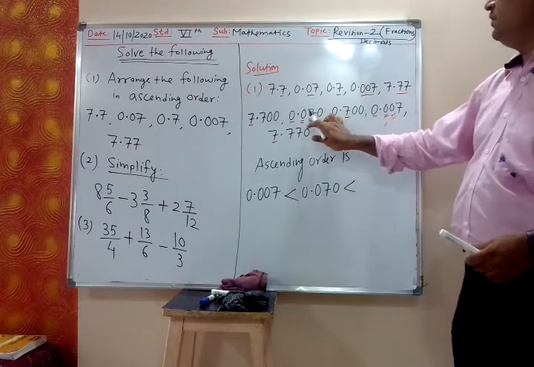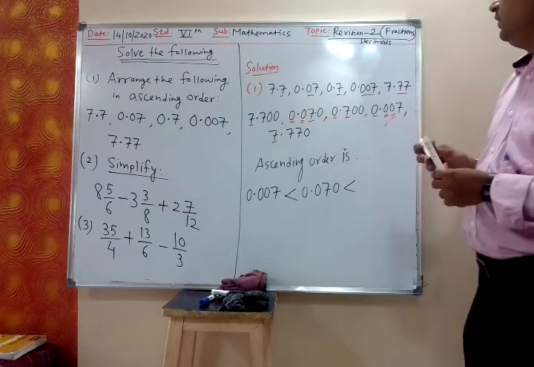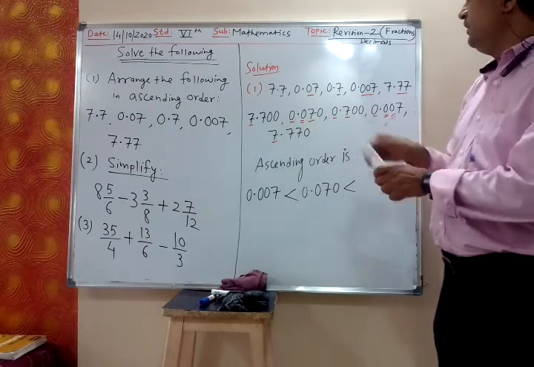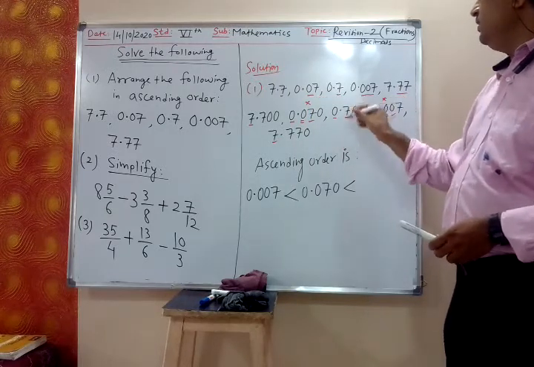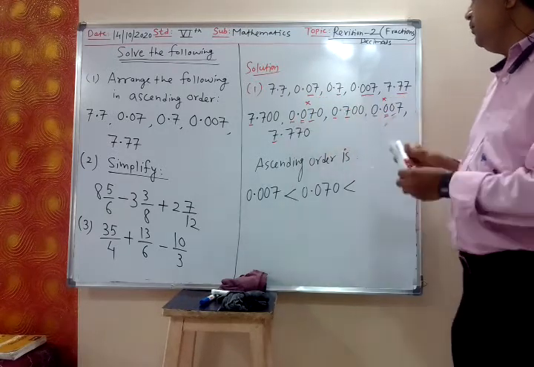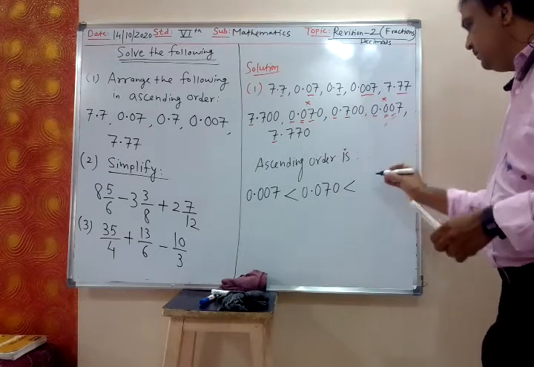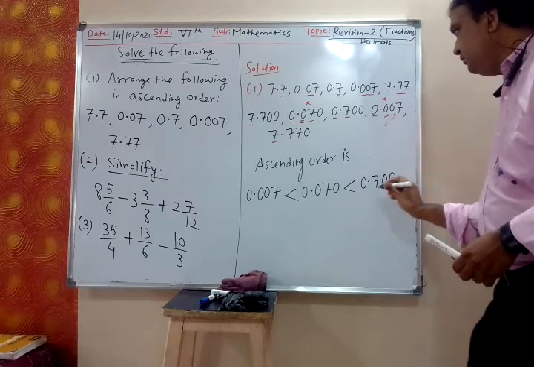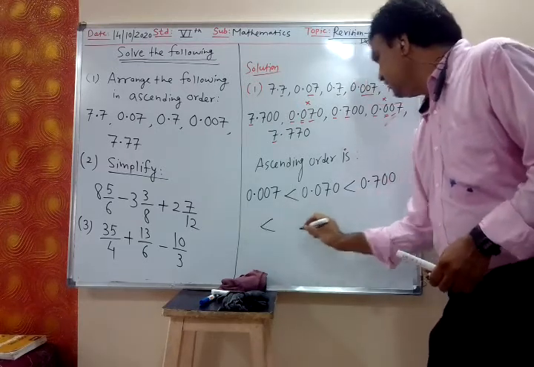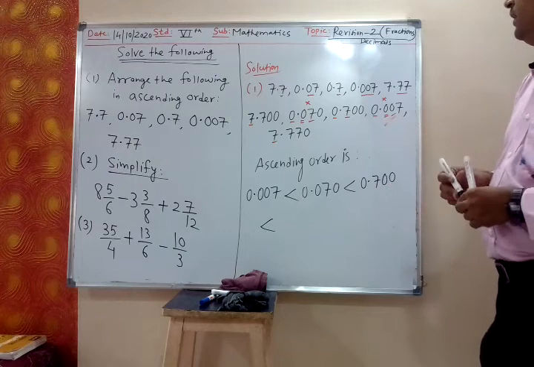This is smaller, then this is bigger. These two I have covered, so I will put a cross. Now I will focus on the remaining. 0.700 is bigger, then this is less than 7.700.